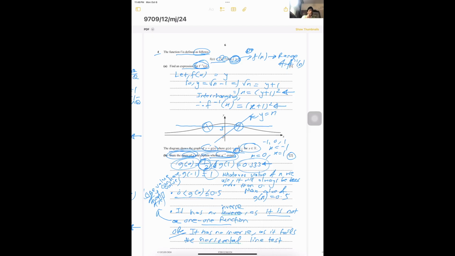So in the horizontal line test, if there is one intersection, then we can say that it has an inverse. But if there is more than one intersection, be that 2 or 3, that shows it is not a one-one function. That is, for one value of y, it has not only a singular value of x, it has more than one value of x. So that is for that one.